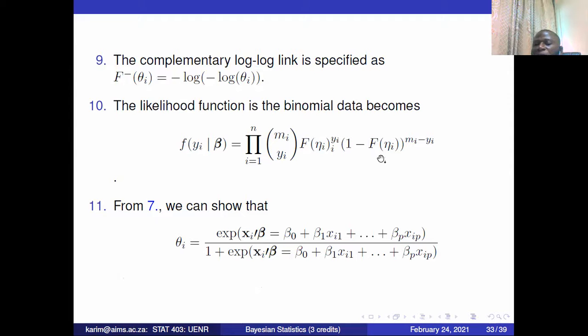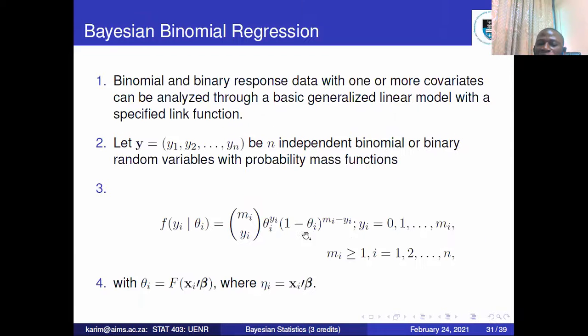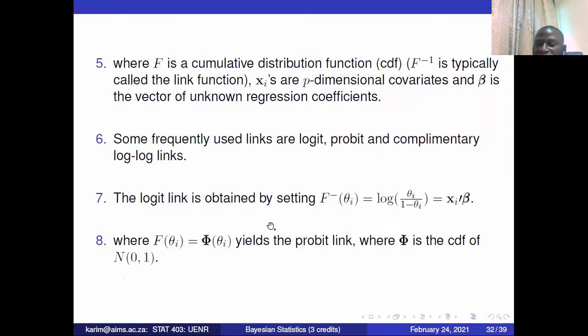And then here we are going to substitute the theta with f of eta. What we are simply changing from this equation is that we are replacing the theta by f of eta, because we said that theta is equal to this. But we know that what is inside here is also equal to eta. So just replace that. That is exactly what we have done.